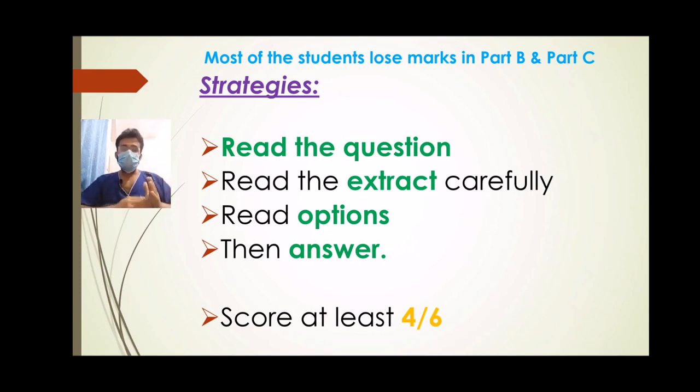Apply the strategy which I already told you: 1 option is out of the paragraph, another option is totally wrong, and the third and remaining option will be your answer. So these are the strategies. Always apply these strategies to score good marks in reading part B. And you have to score at least 4 marks out of 6 to be on the safer side. Okay?